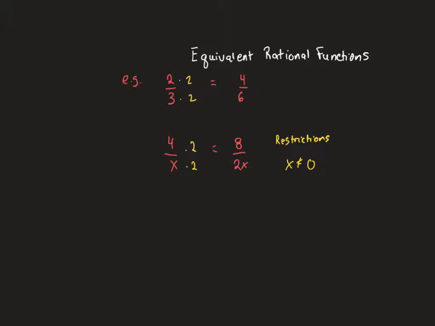Now, you can also do the same thing, multiply by many different things. I can multiply, let's say, the top and the bottom by x, which would give me 4x over x squared. In this case, the restriction is still going to be x cannot be 0.